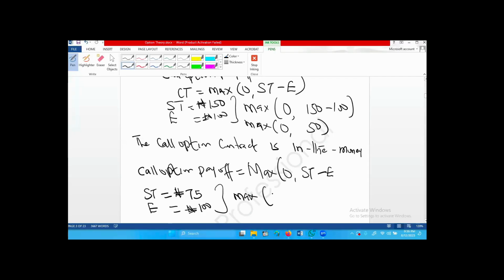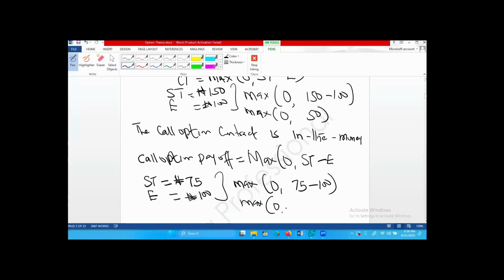Maximum of 0 or 75 minus 100. Maximum of 0 or minus 25.